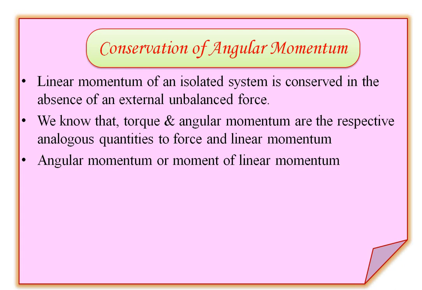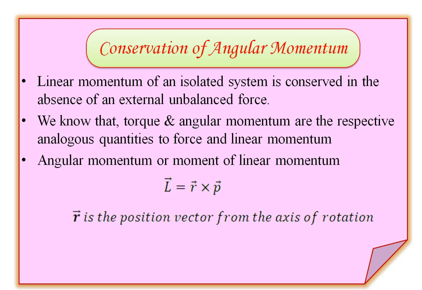Angular momentum, or the moment of linear momentum, can be expressed in vector form as L vector is equal to r vector cross P vector. We know that r vector is the position vector from the axis of rotation, and P vector is the linear momentum.